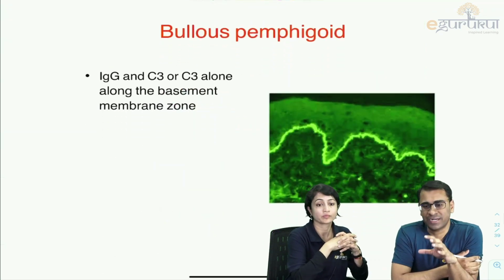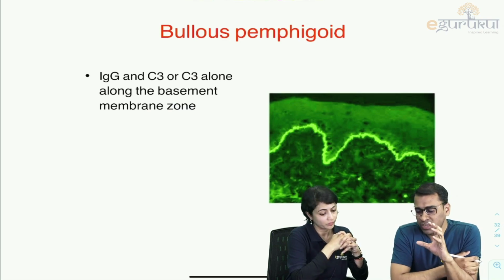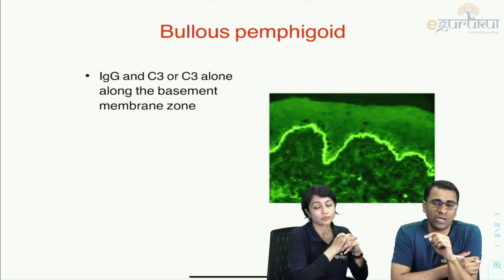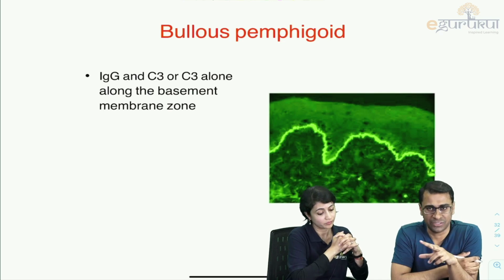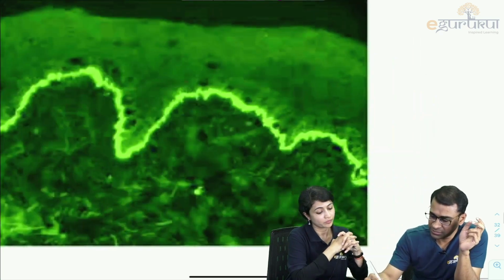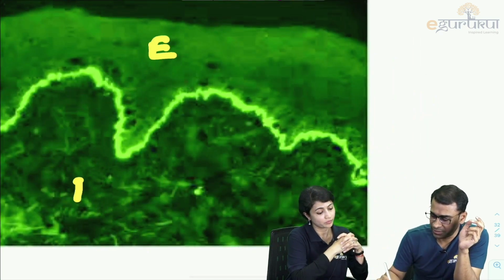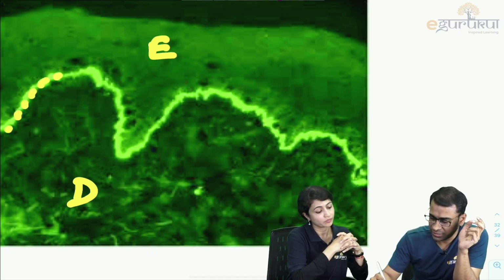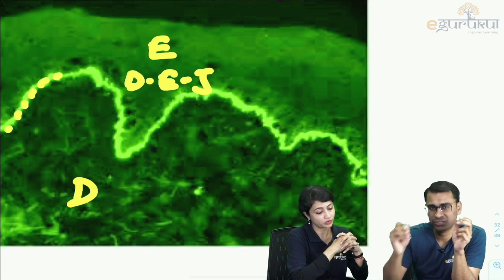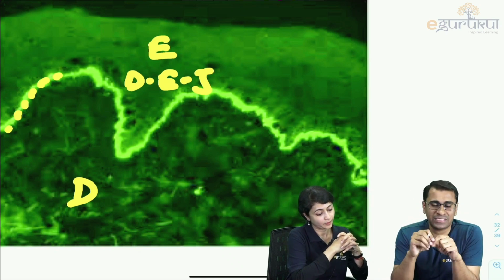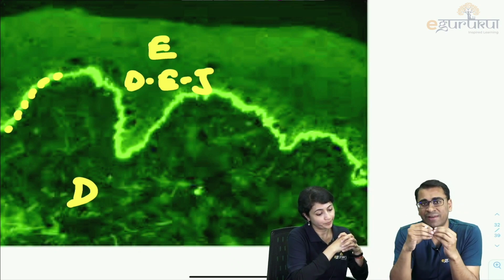Now, very important to understand is that bullous pemphigoid is not an epidermal lesion, it's a subepidermal lesion. So let's assume in this image, this is the epidermal area, this is the dermal area, and this is the dermoepidermal junction. The point to remember here is that these depositions are usually granular in nature.